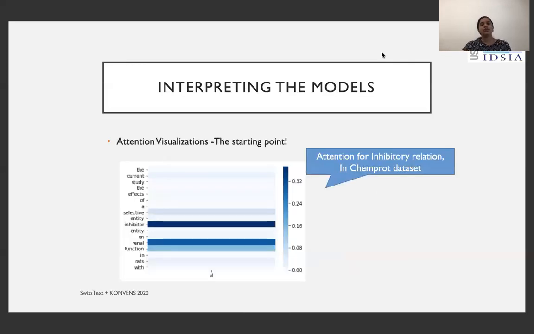Now, another focus of our research is to interpret the models, which is one of the hot research topics, that is, to define the explainability of the neural models. As a starting point, we used attention visualizations, which help us to get the attention focus at token level or sentence level, which in some way helps us to explain the predictions of the model, get some intuition about the interpretability and do some error analysis.